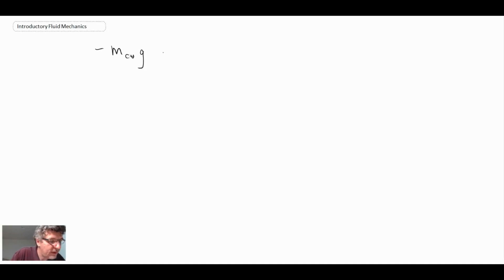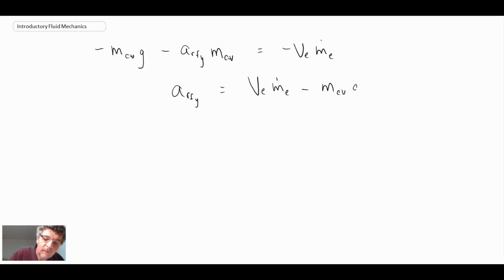We have the gravity term, or the body force, the acceleration of our reference frame times the mass of the control volume, and then on the right hand side VE times m dot E. So what I'm going to do is isolate the reference frame acceleration and rearrange this.